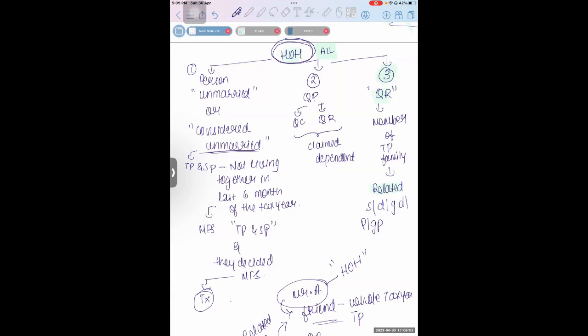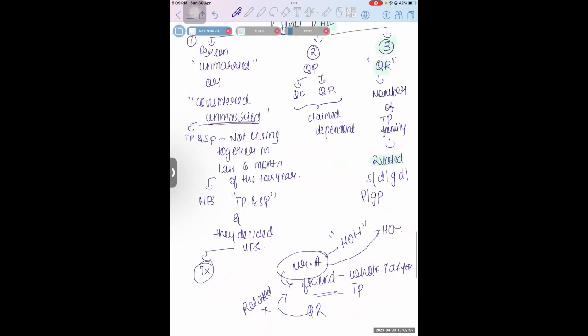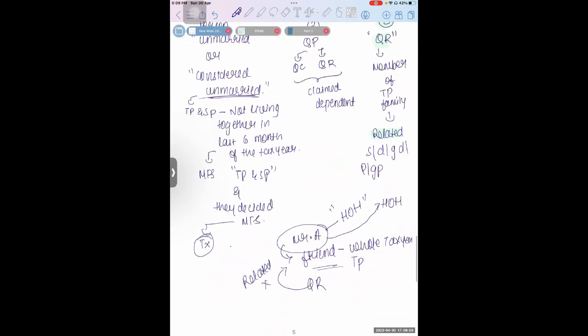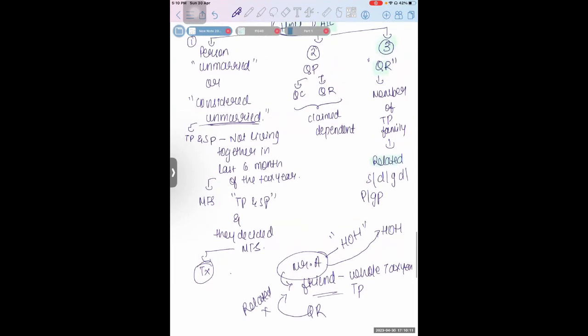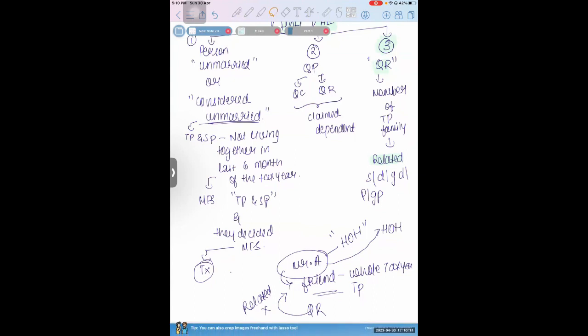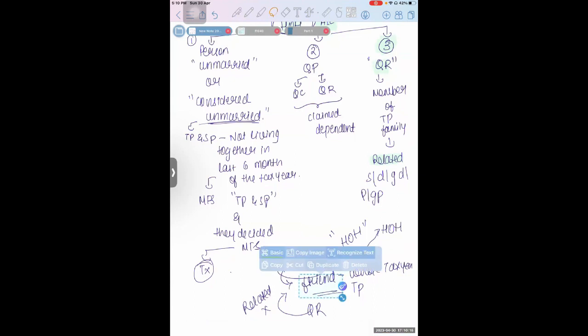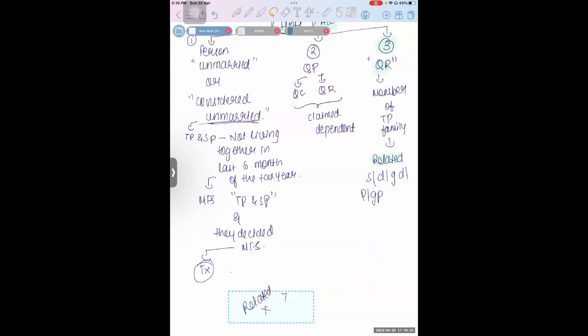Here Mr. A cannot claim HOH status even on the condition that the friend is living the whole tax year with him, because he or she should be related to claim HOH status. Here there is one exception. If instead of a friend, it is your parent, then even if the parent is not living with you, that doesn't matter.